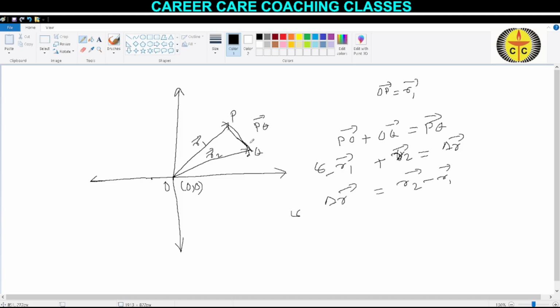When there is a change in position of the body, displacement occurs.